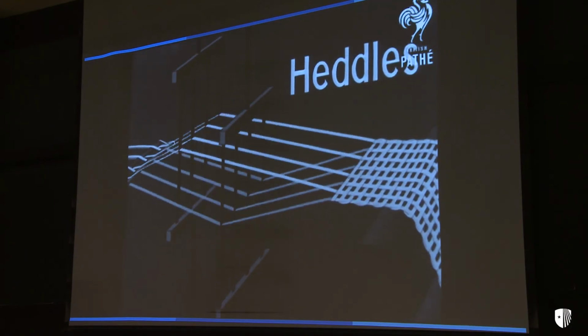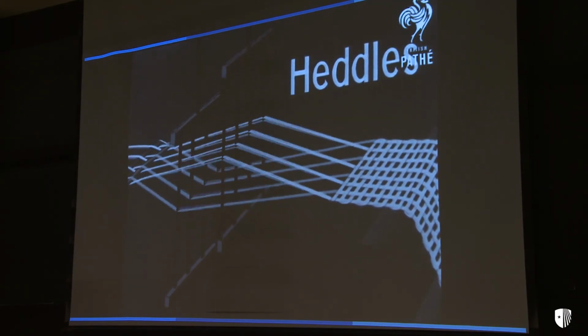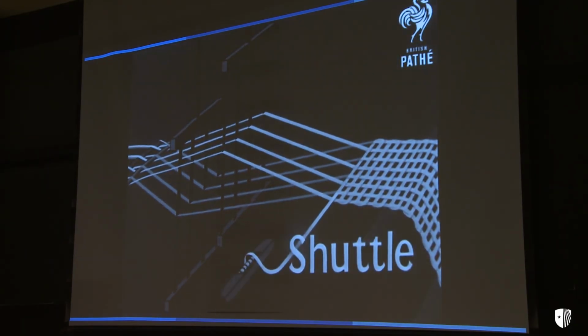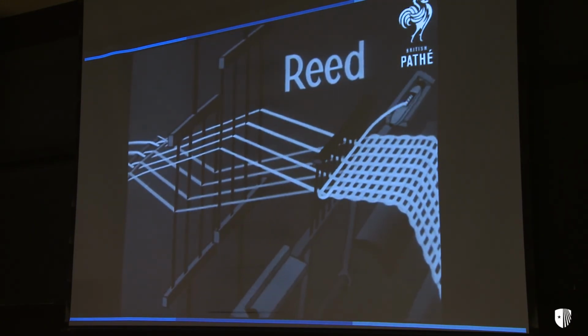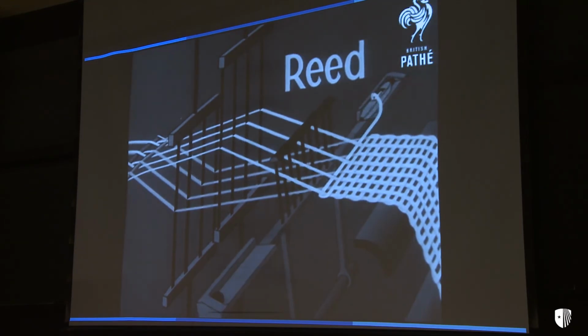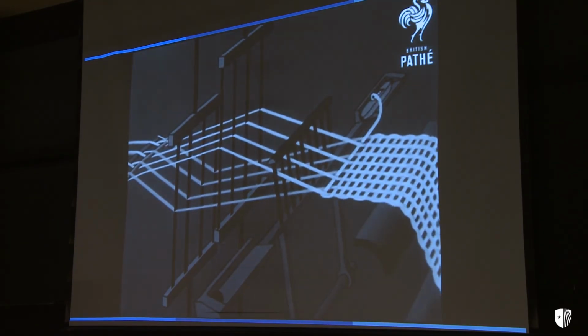Up and down, separating the threads. Now for the shuttle which flies across. It's followed by the reed, which puts the weft in its place. The fabric moves on.